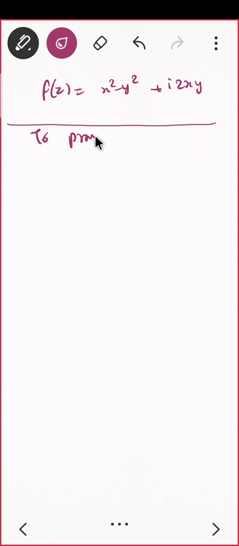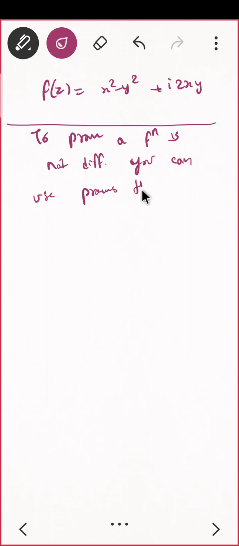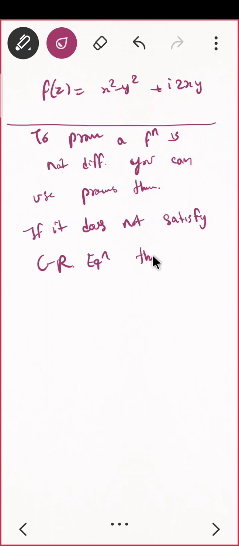To prove a function is not differentiable, you can use the previous theorem. What is the previous theorem? That is, if it does not satisfy CR equation, that is Cauchy-Riemann equation, then it is not differentiable.